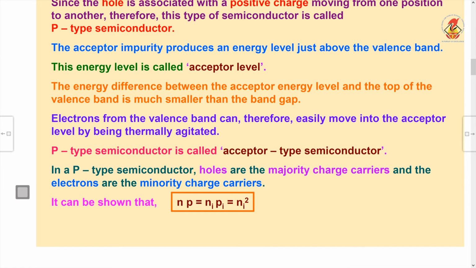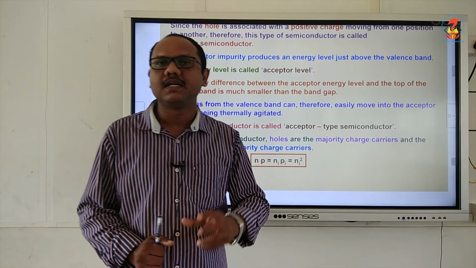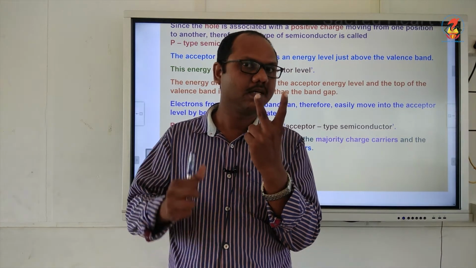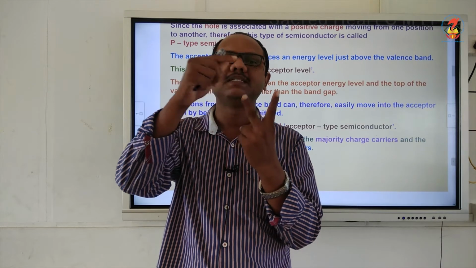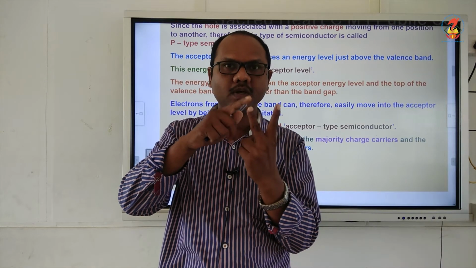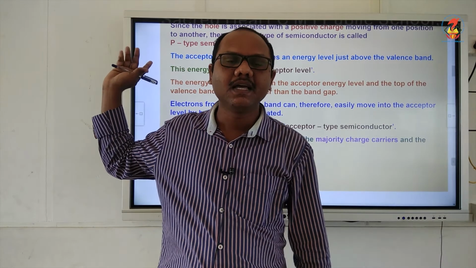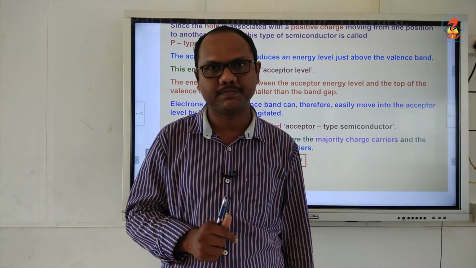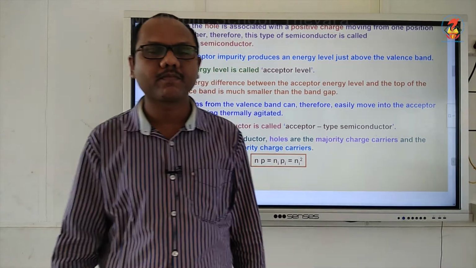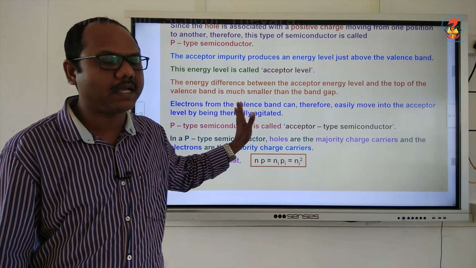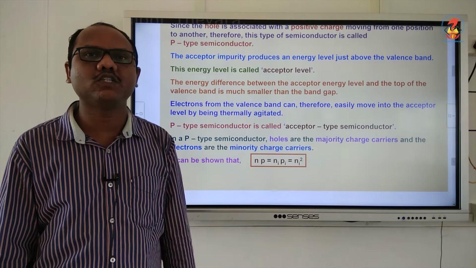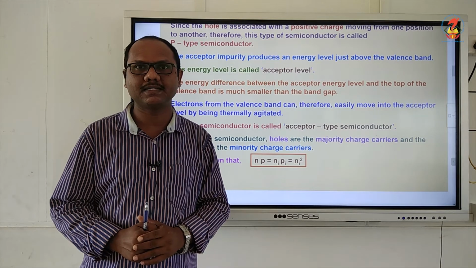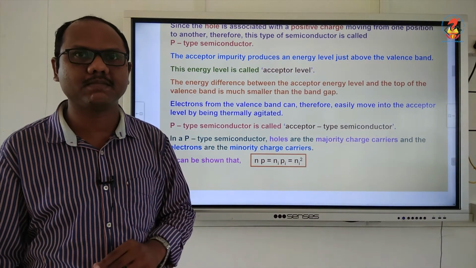In P-type semiconductor, the holes can be created by two methods. The first one is due to doping, the second one due to thermal agitation. Whereas electrons can be created only due to thermal agitation. So in P-type semiconductor, holes are the majority carriers and electrons are the minority carriers, just the reverse of N-type semiconductor.